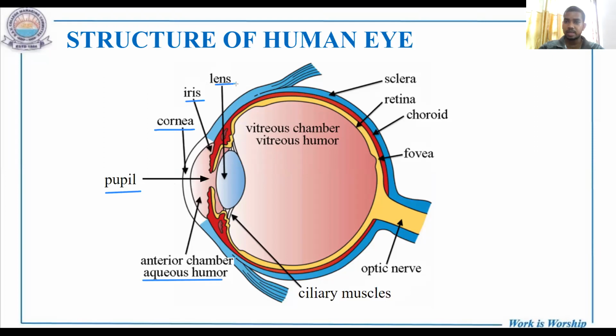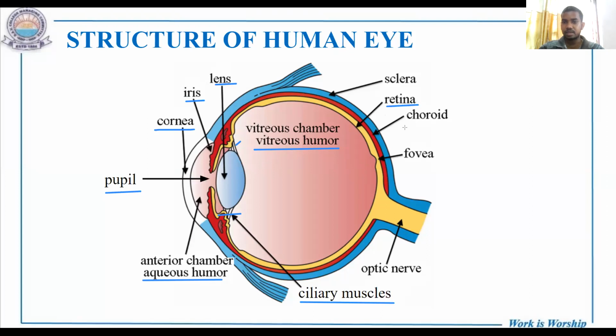lens. Sequentially I am saying, after the pupil you will see the lens, which is held by the ciliary muscles at both top and bottom, and then the light ray has to travel through the vitreous chamber or vitreous humor, and then finally the light ray after refraction will fall on the retina.